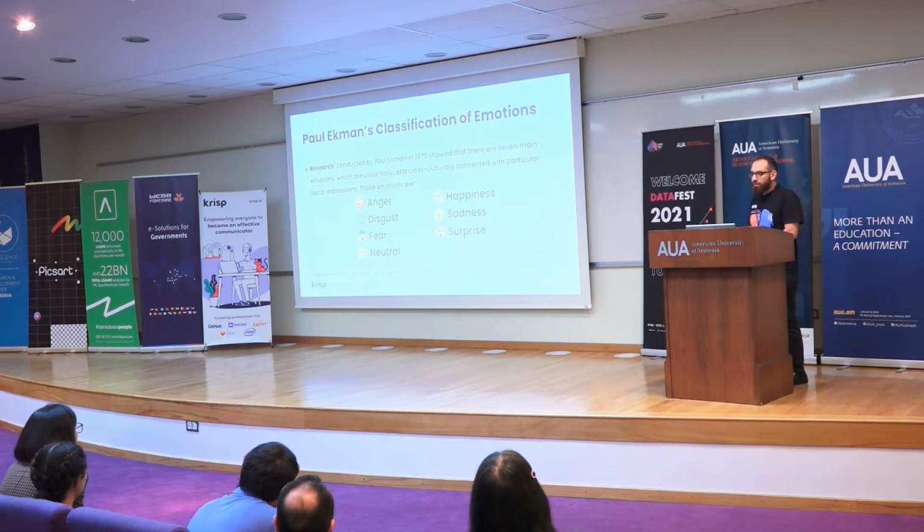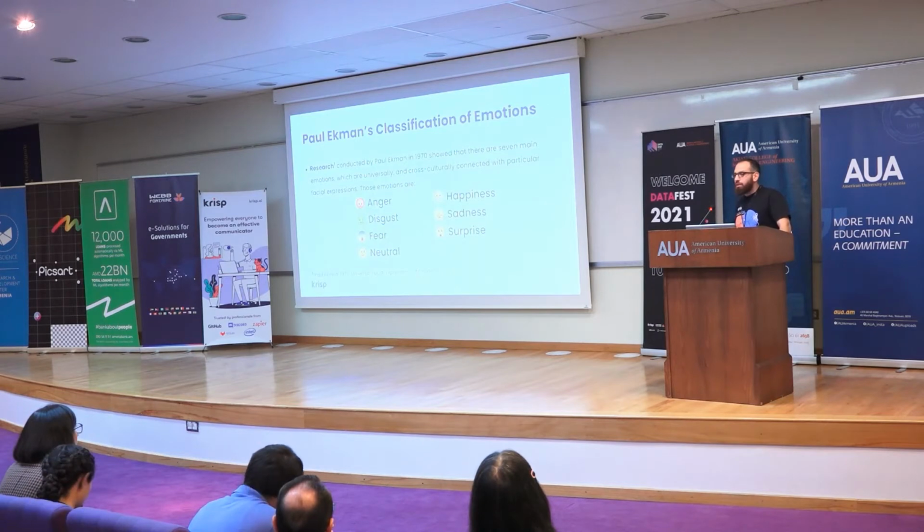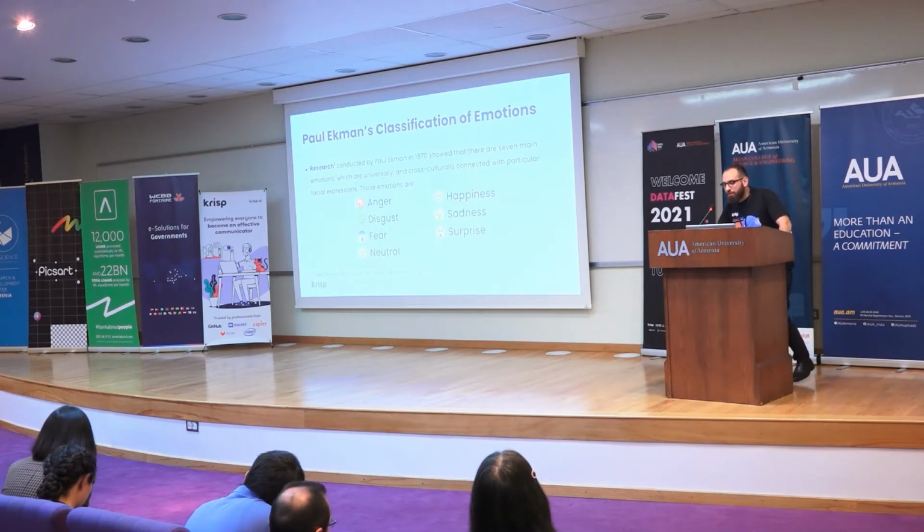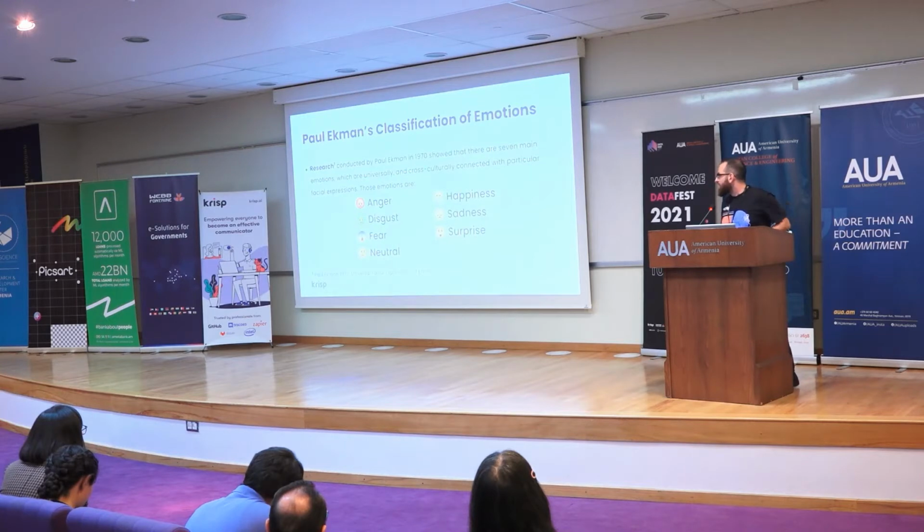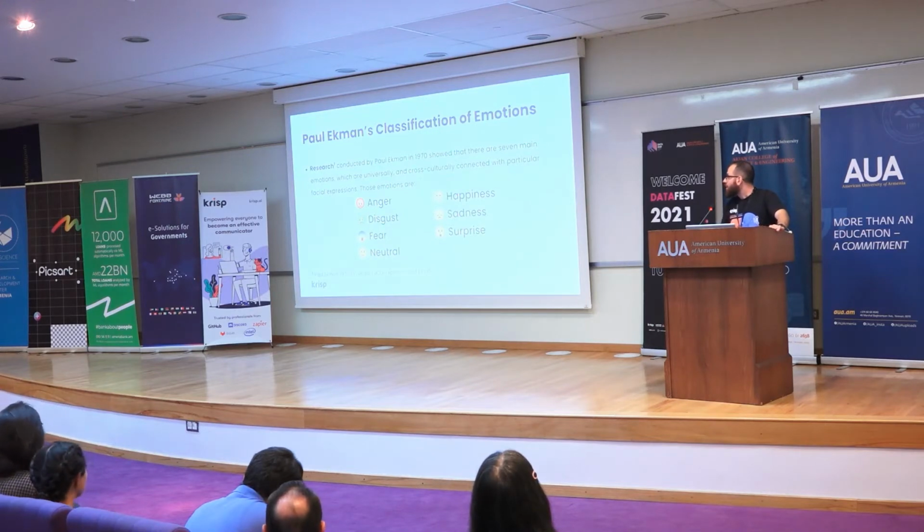So Paul Ekman, a researcher who is actually a psychologist, conducted research in 1970 that showed that there are 7 main emotions, which are anger, happiness, disgust, sadness, fear, surprise, and the absence of any emotion, which we call the neutral emotion, that are universally and cross-culturally connected with particular facial expressions, which means that people from various cultures, genders, and ages express their happiness more or less the same way. They smile.